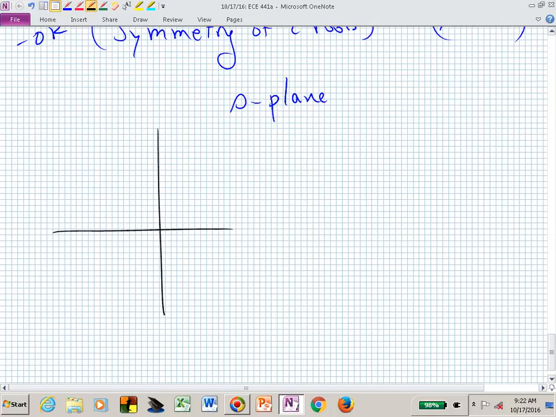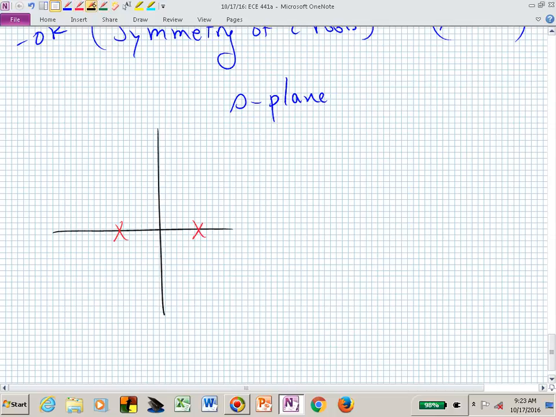Or if you put a mirror at the origin and you have 2 roots, one is going to be one way, one place, and the other one is going to be symmetric with respect to that root. Where could you have symmetry in the S-plane with 2 roots? You see, you could have something like that. Those are symmetric with respect to the origin.